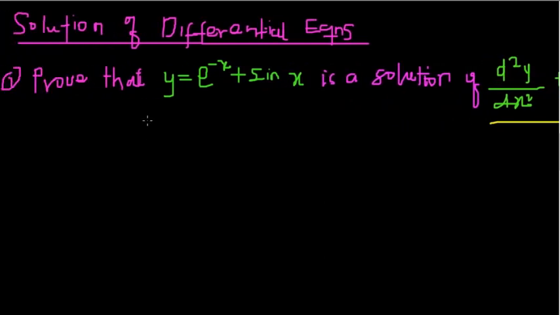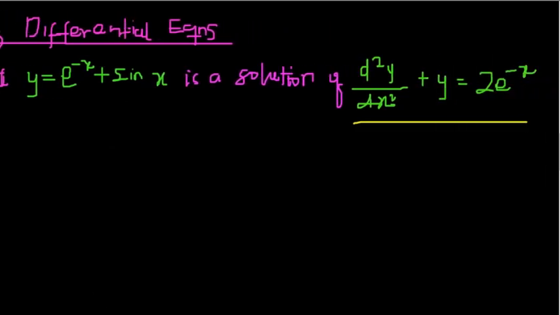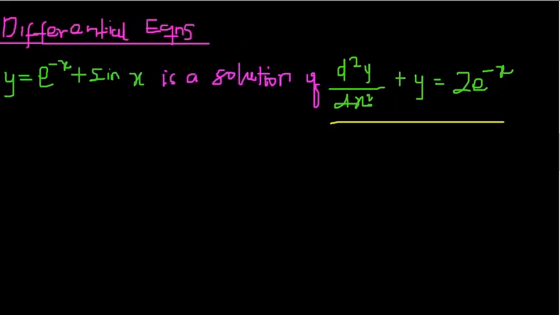You will be given the solution to the differential equation, and then you'll be required to find the corresponding differential equation that relates to that solution. What I'm trying to say is that you'll first be given the solution to the differential equation, and then you'll be asked to find the differential equation that relates to that solution. Yes, that's how it works.